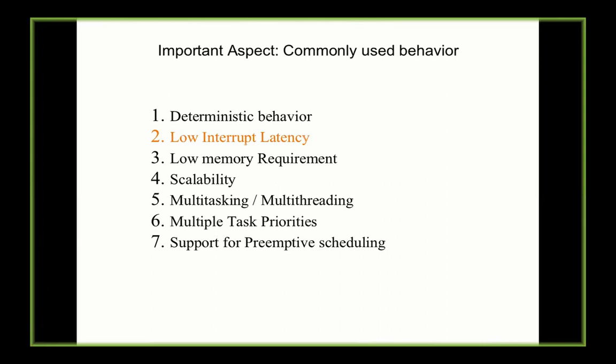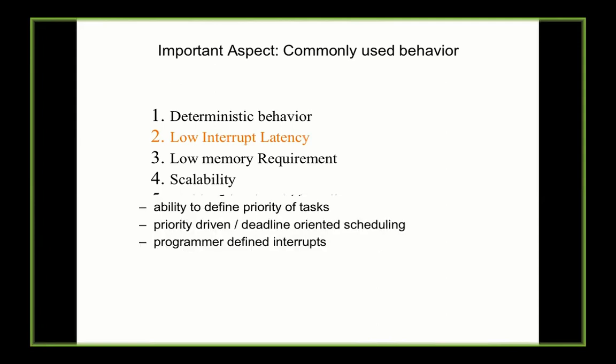Now there are a lot of unique features for a real-time OS. The top 4 are the differentiators, and the bottom 3 are something which is commonly available in every OS. So an ability of deterministic behavior, low interrupt latency, low memory requirement, and scalability are the primary differentiators.